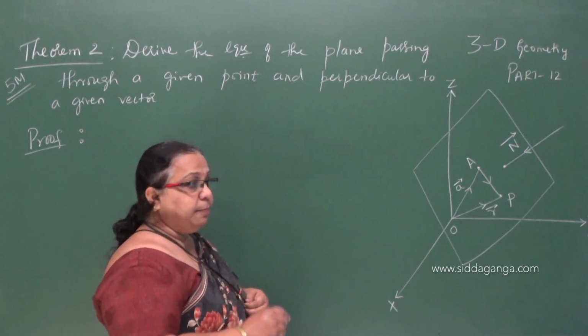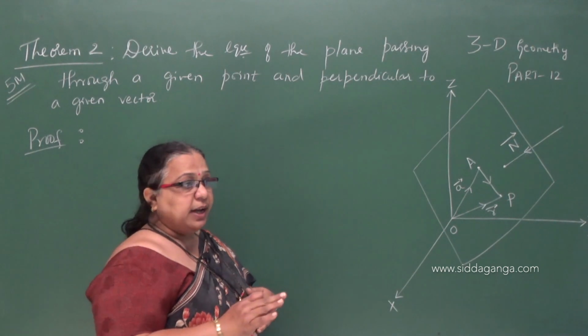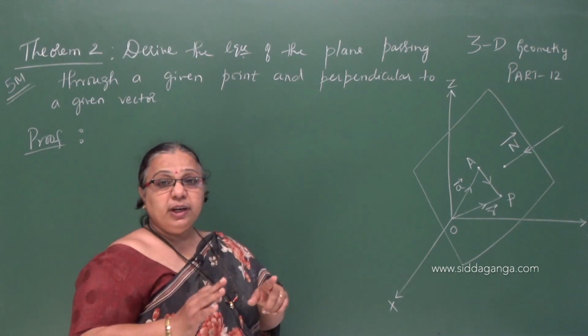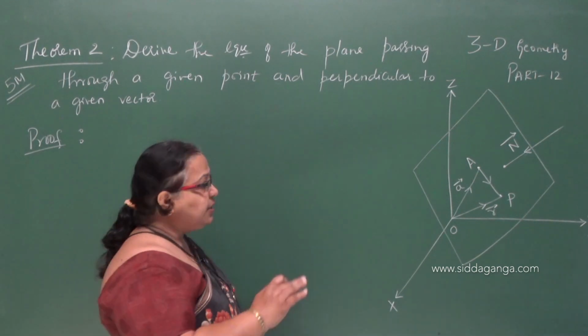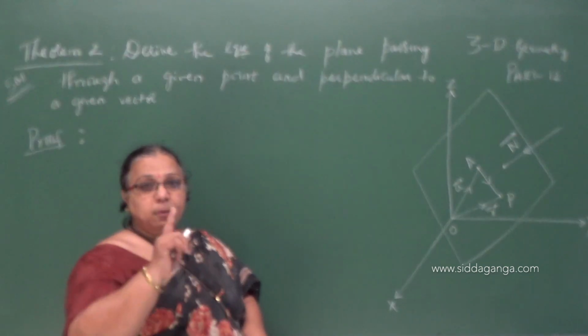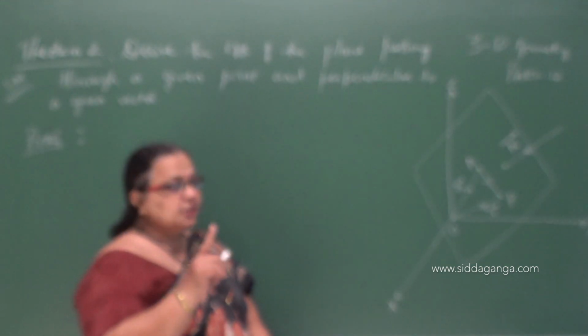But the plane passing through a fixed point, that is A, will be unique. When we say passing through the point A, we get only one plane.